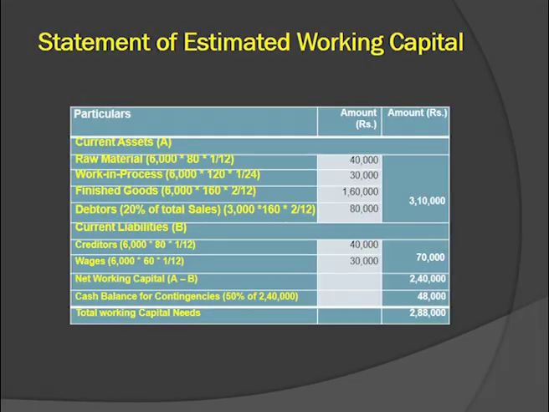From this you deduct the current liabilities: creditors are 40,000 and wages 30,000. The working capital is 2 lakh 40,000, and add some cash balance of around 40,000 for unforeseen contingencies. The total comes to 2 lakhs 80,000. This is the net working capital.